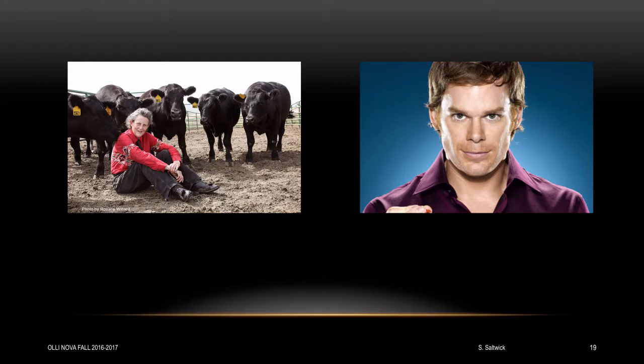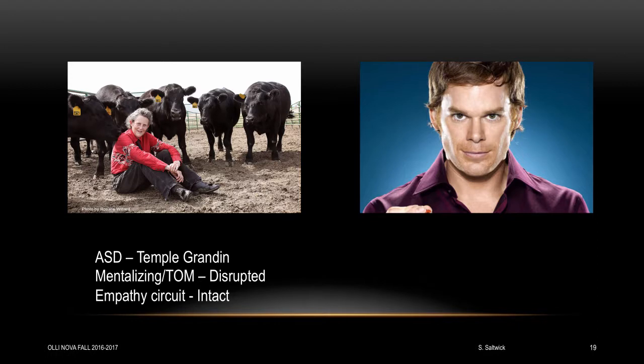We can use our understanding of the neural circuits for theory of mind and empathy to better understand human behavior. And let's take two examples. Temple Grandin is on the left and is legendary in the field of livestock management. Dexter is on the right, a famous psychopath on a hit TV series. Temple presents autism spectrum disorder.